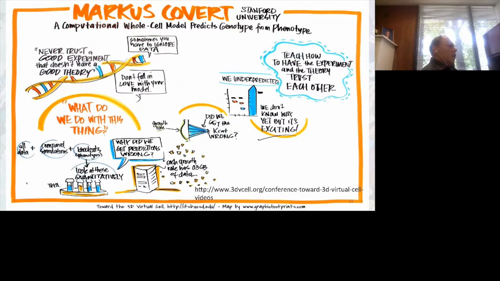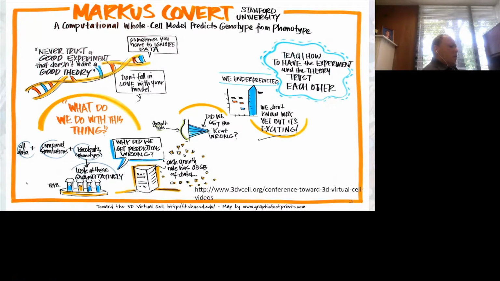He talked about his whole cell modeling, and an interesting concept within that was the interplay between theory and experiment. To quote him, never trust a good experiment that doesn't have a good theory. So I think this says a lot for how far we've come, but also how far we have to go.